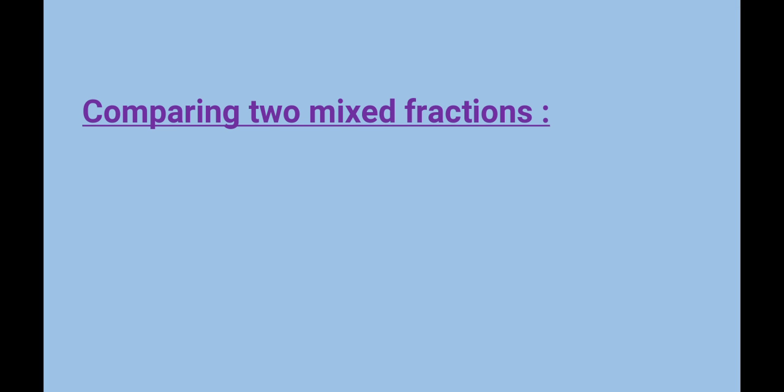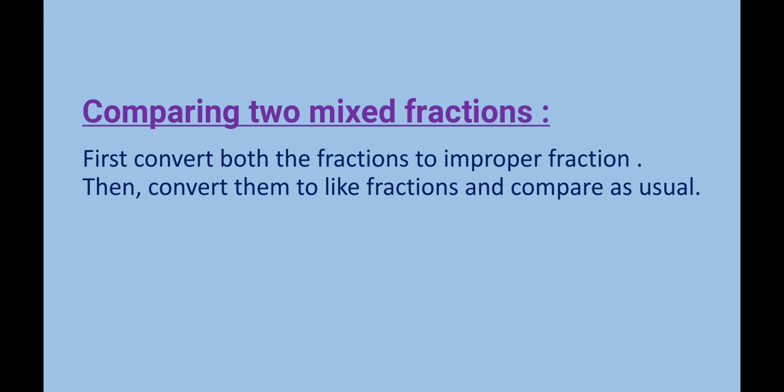Now come to comparing two mixed fractions. Okay, this is the same as the previous one, comparison of a mixed fraction with an improper fraction. We have to follow the same steps, but there is a little difference, and that is, first we have to convert both the fractions to improper fractions.